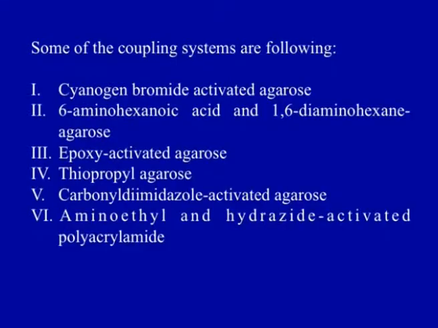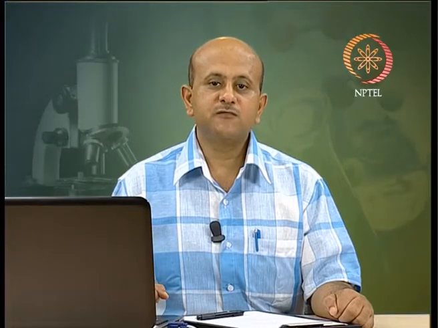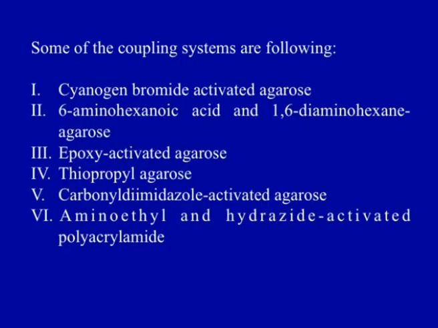Carbonyl diimidazole activated agarose could be utilized in place of CNBr coupling. Many times in CNBr or cyanogen bromide coupling, the nucleophile reacts with the cyanate ester of CNBr, resulting in an isourea linkage that carries a potential charge and can act as an ion exchanger, and thus the specificity of affinity chromatography is decreased.